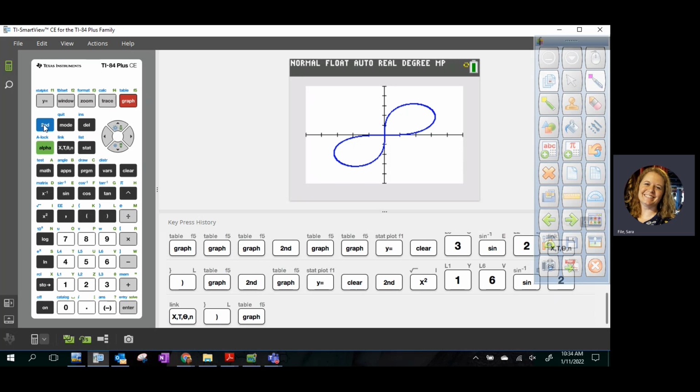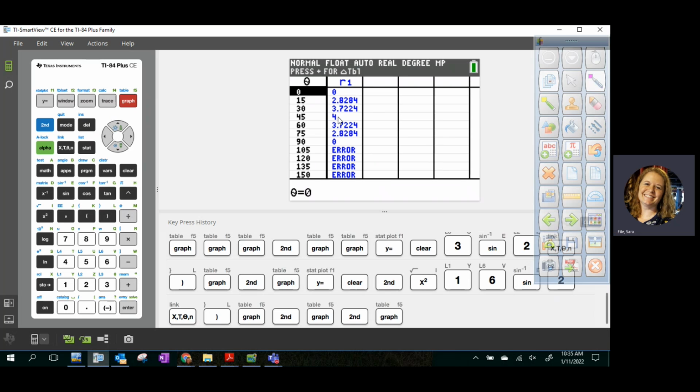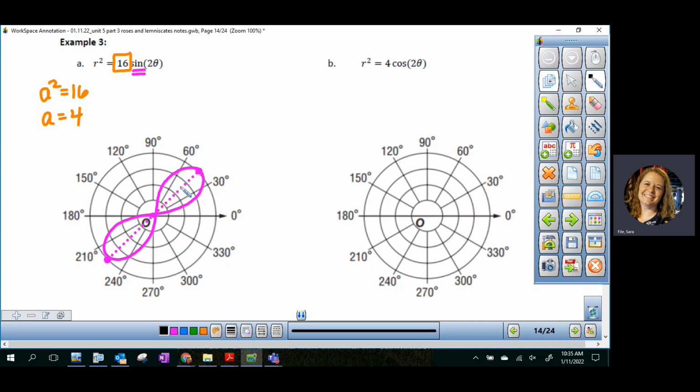So I'm going to go to the table and see. At 45 degrees, it was out at 4. At 30 and 60, it was at like 3.7. So it should have been a little higher there, 3.7, right?